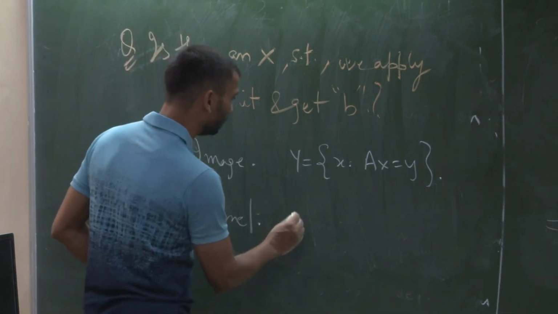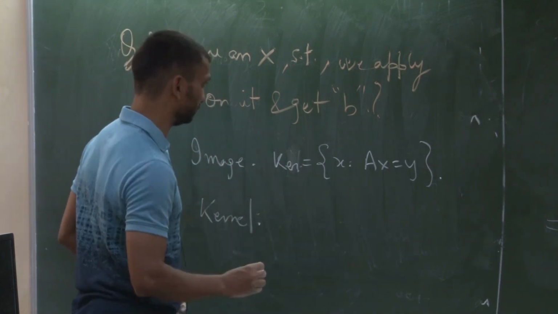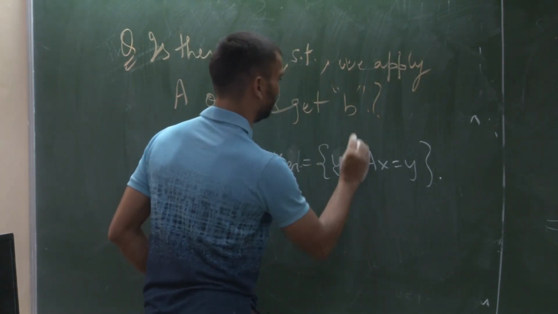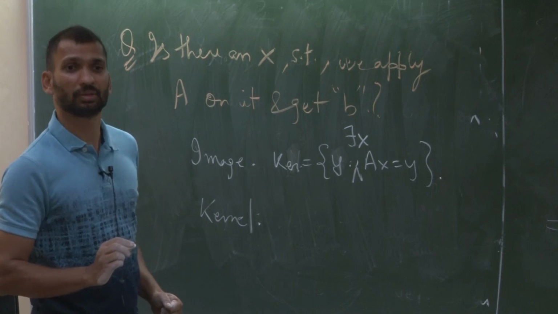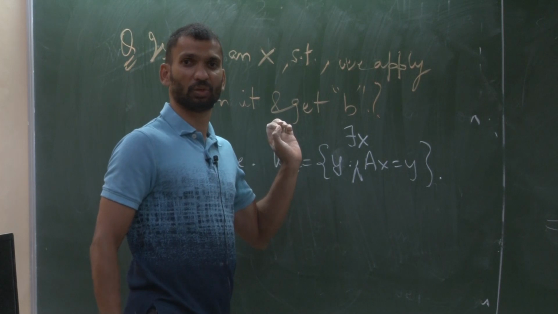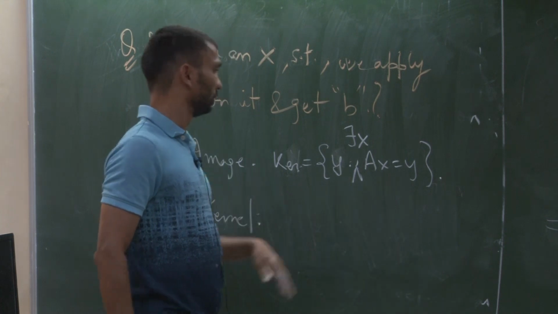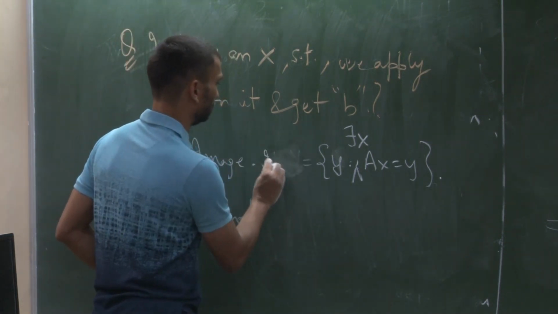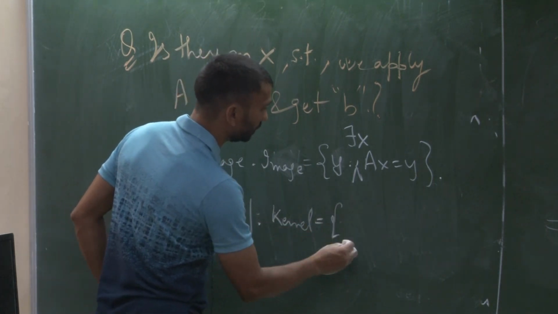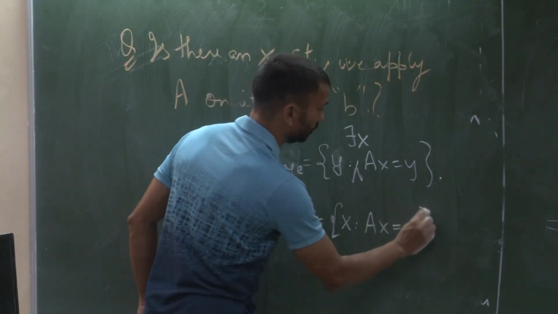Okay, and kernel is the, did I do something wrong? Right? So it's the set of all y's such that there exists an x, Ax is equal to y. Make sense? Is this mathematical notation okay with you? Right? And this is the image, and the kernel is the set of all x such that Ax equals zero.